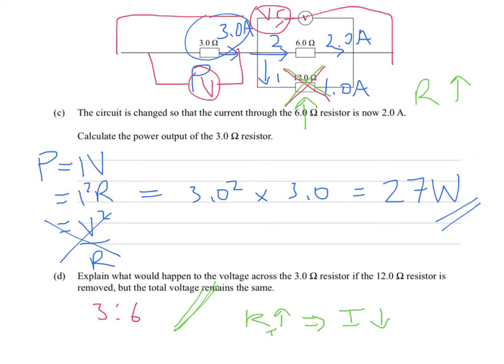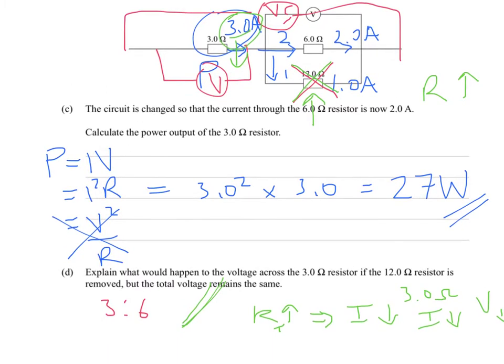If the current is lower, that means that total current, 3 amps that's going through in the first situation, that's going to drop. So if you have a lower current going through the 3 ohm resistor, that means the voltage also has to drop. And that goes in line with what we know if we've studied voltage dividers, because the voltage divides up according to the ratio of the resistances, which is what we were looking at with this part.